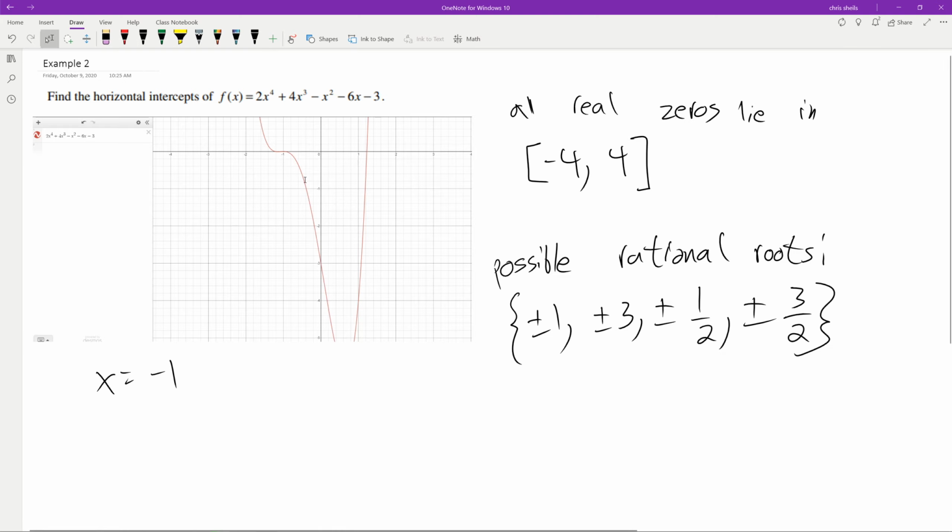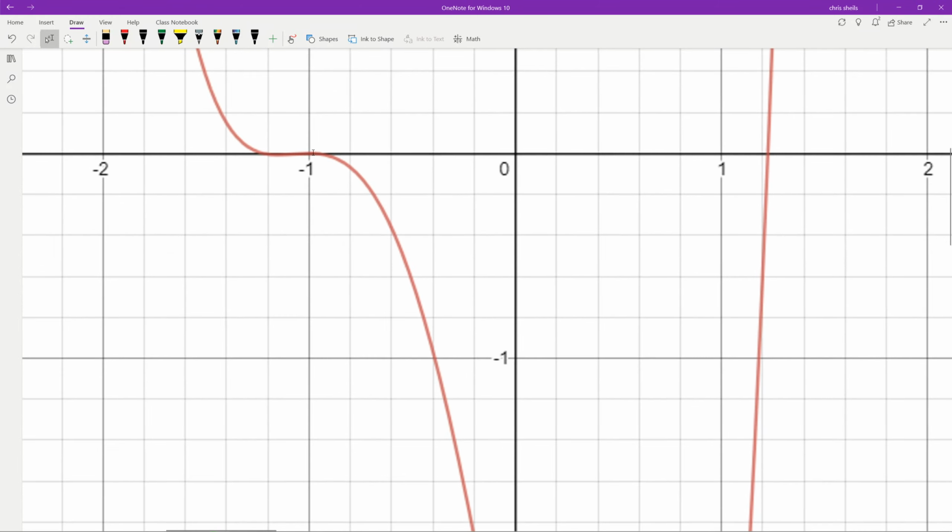It looks like this either bounces off the x-axis and goes down just a little bit before crossing back through it, or it crosses through the x-axis here. So I'd say x equals -1, if it is a root, has either multiplicity 2 or 3.